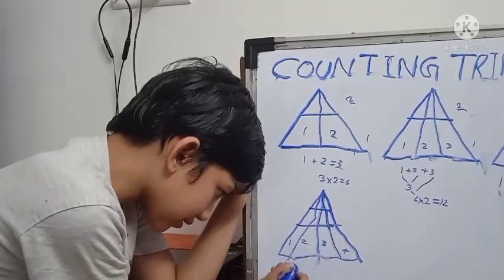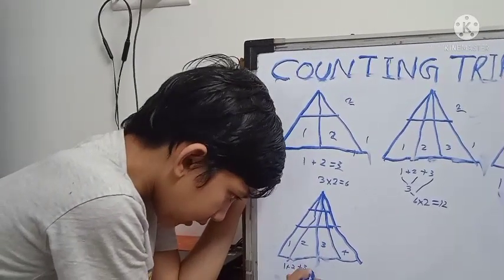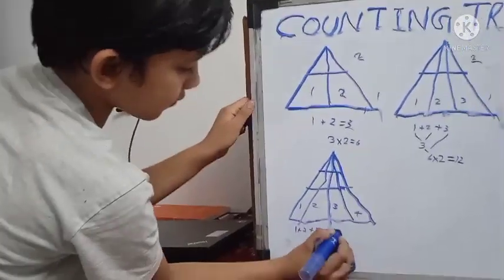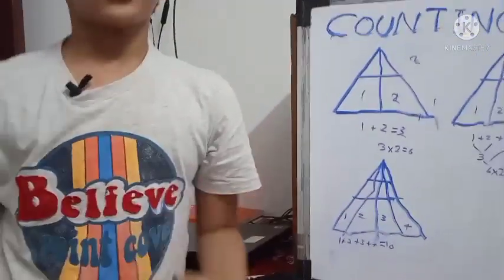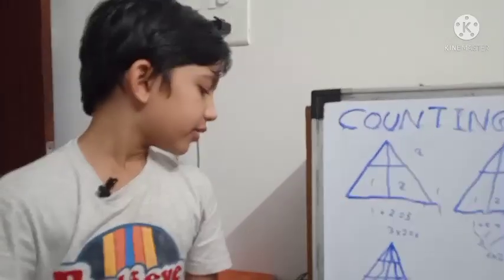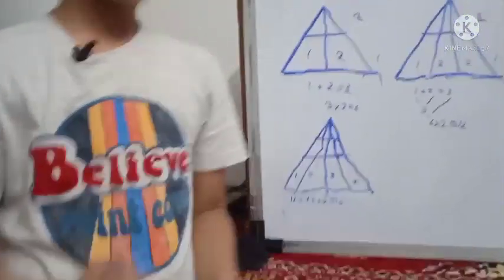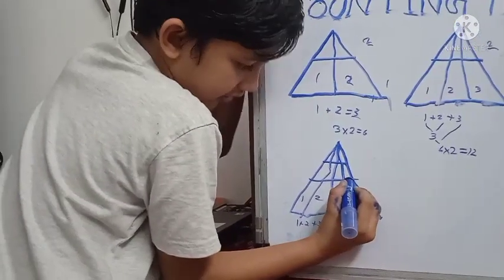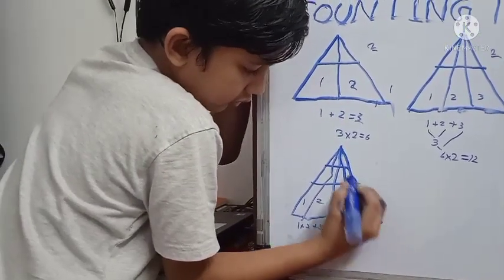So 1 plus 2 plus 3 plus 4 equals to 10, because 1 plus 2 is equals to 3, 3 plus 3 is equals to 6, and 6 plus 4 is equals to 10. Now we will do the second step, calculating the horizontal lines. 1, 2, 3.